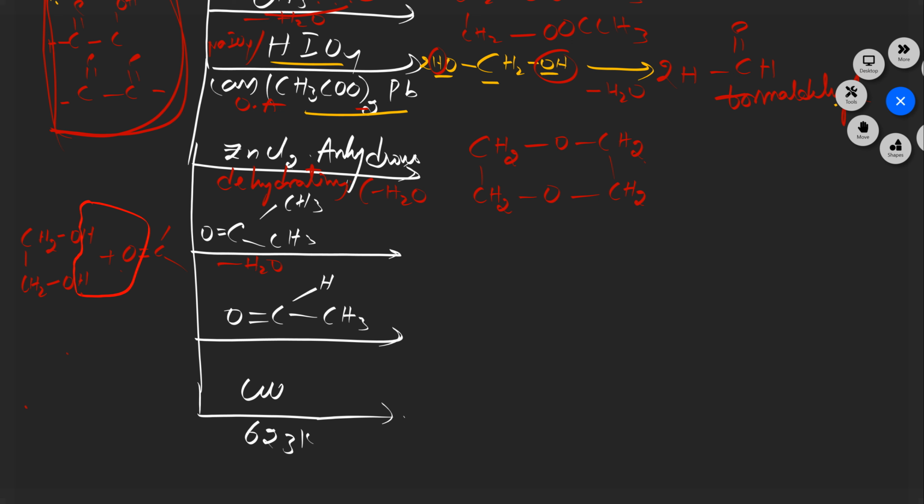It forms CH2, CH2 and O, O. Here the carbon is directly attached with one bond to this oxygen, one more bond to this oxygen. It is going to form a cyclic ether.